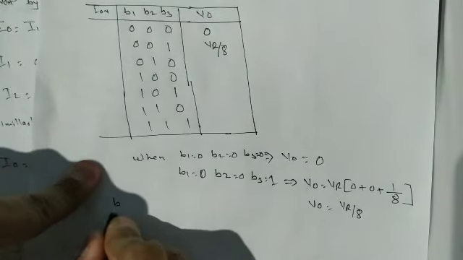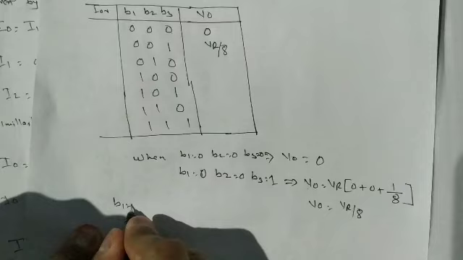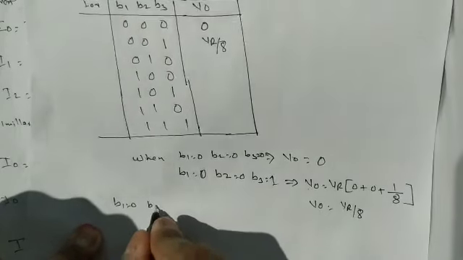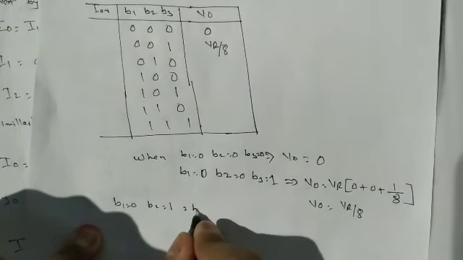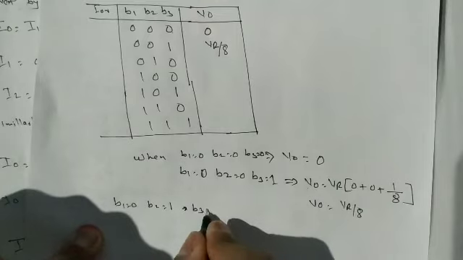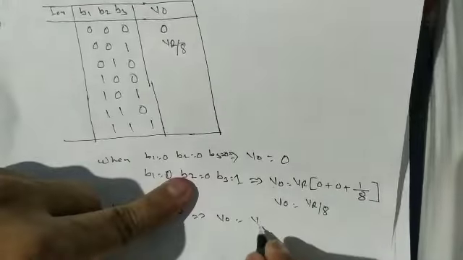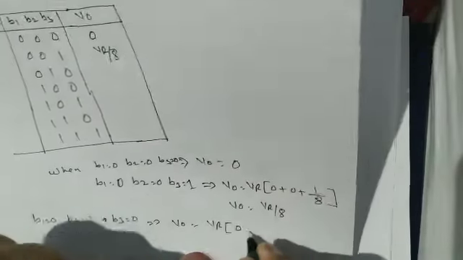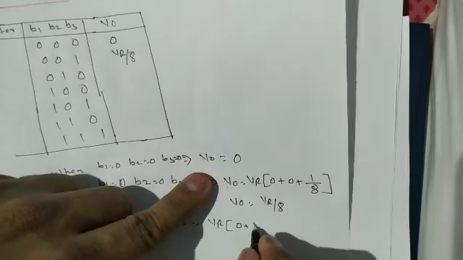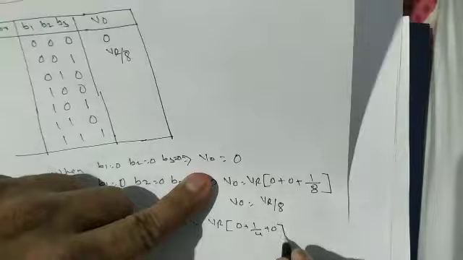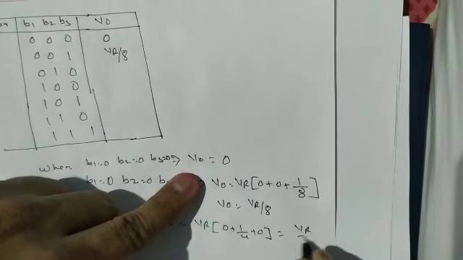Similarly, when B1 equal to 0, B2 equal to 1 and B3 equal to 0, what will the value of V0 be? V0 equal to VR, so you can calculate it. It is very simple: 0 plus 1 by 4 plus 0, and that is equal to VR by 4.